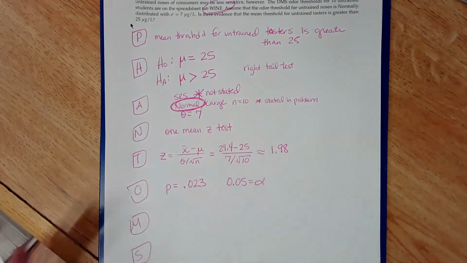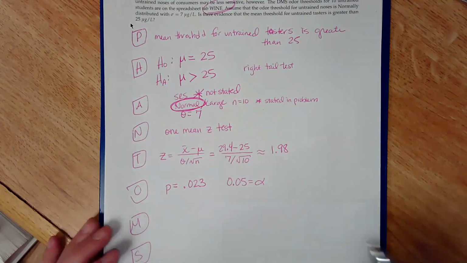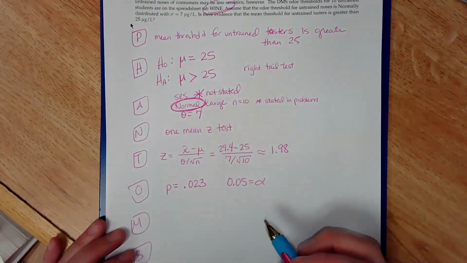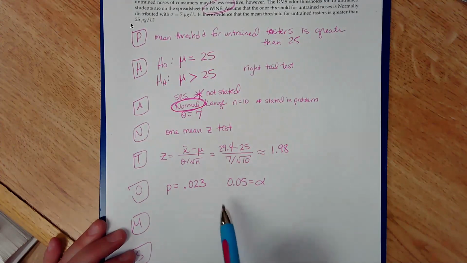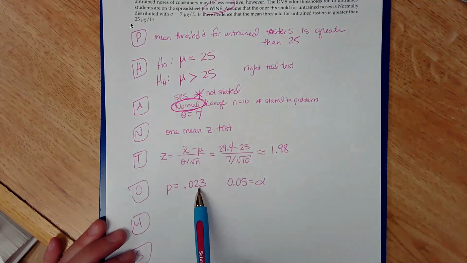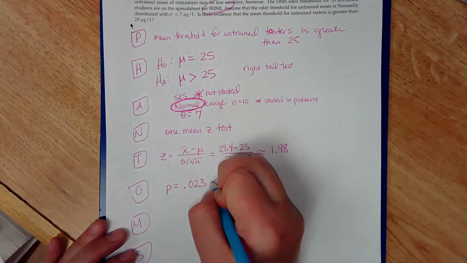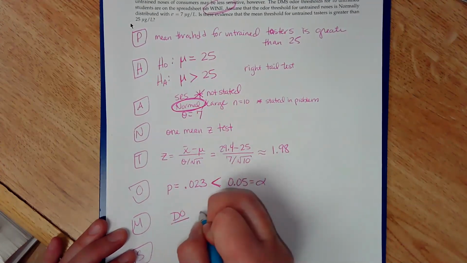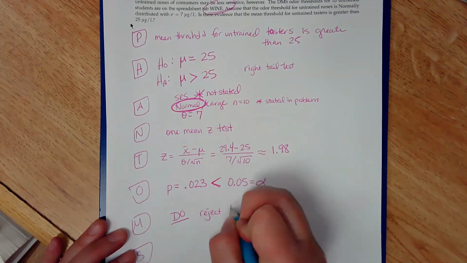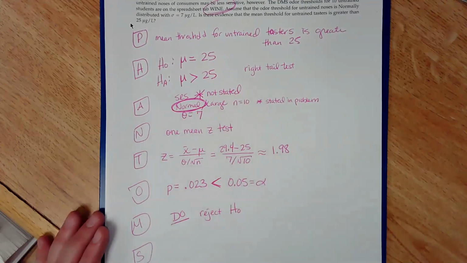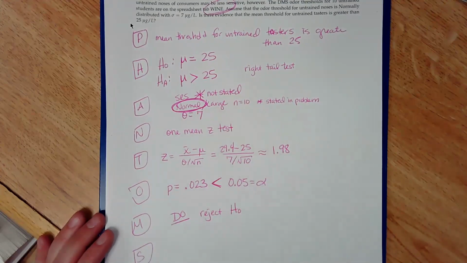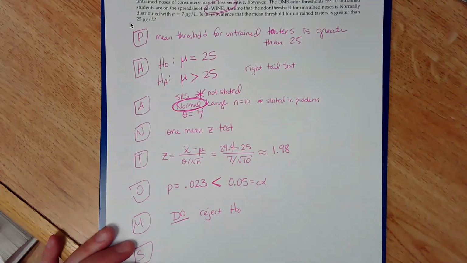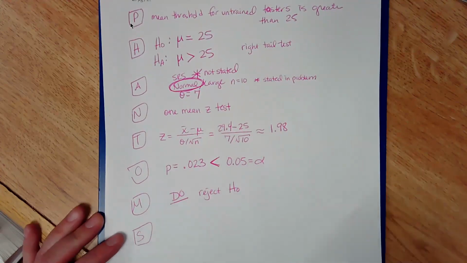It's kind of in the middle between the 1 and 10%, so it's a good go-to if it's not given. All right, so this is 0.02, this is 0.05, so P is smaller than alpha. So that means we do reject the null. Remember, whenever P is smaller, that means we're further out in the tail, so we are going to reject. If P is bigger than alpha, then we do not reject. And then all that's left is to write our conclusion.